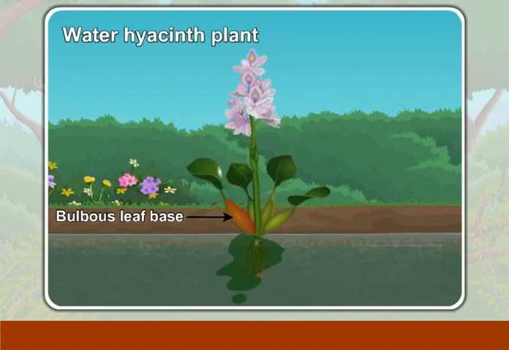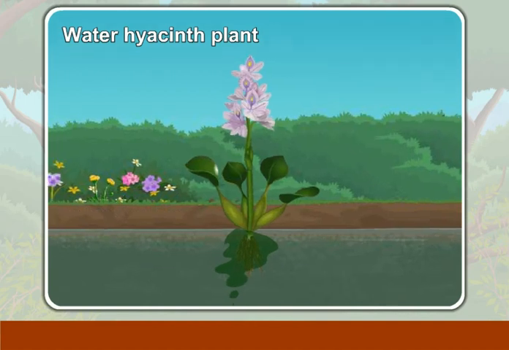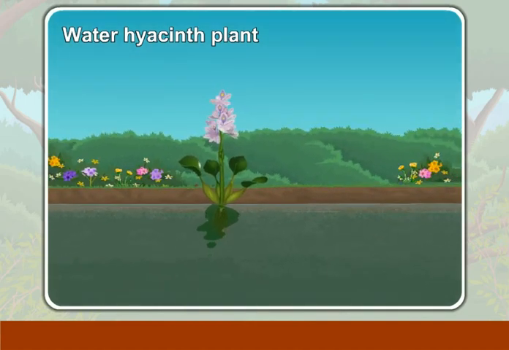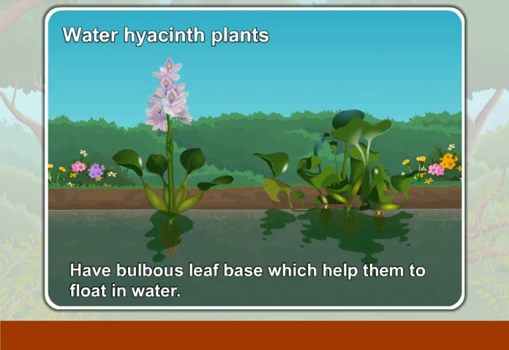Air-filled bulbous leaf base makes the plant body light. So, the water hyacinth plant can easily float in the water. So, aquatic plants like water hyacinths have bulbous leaf base which helps them to float in water.